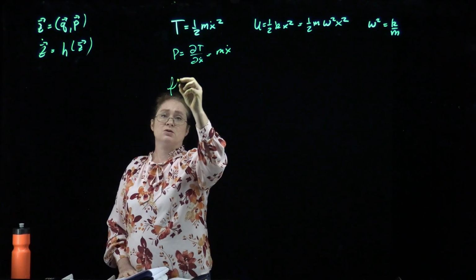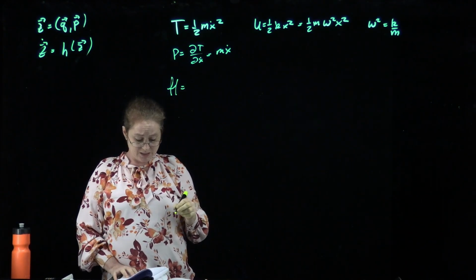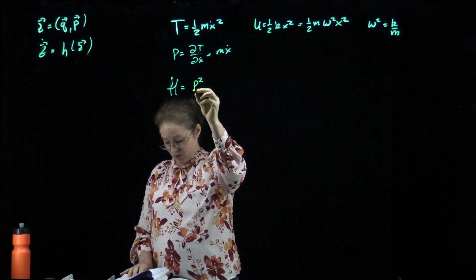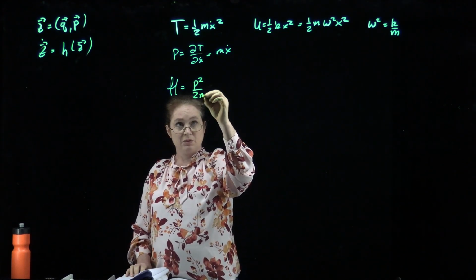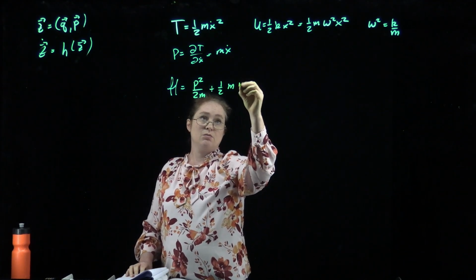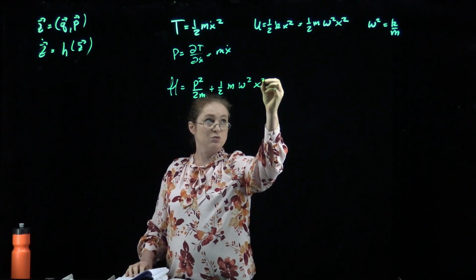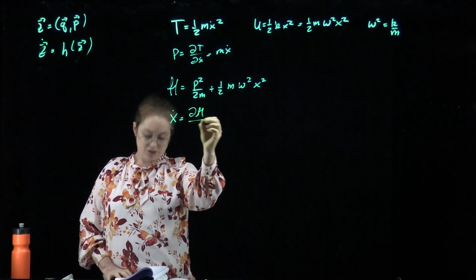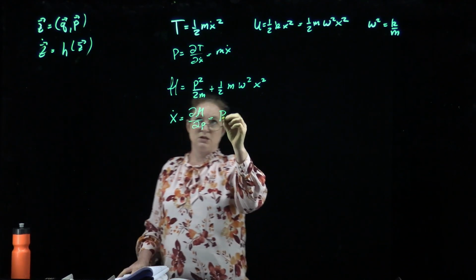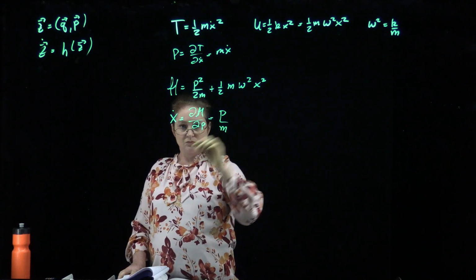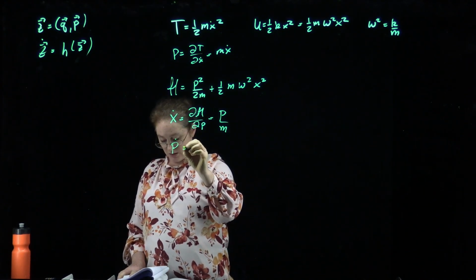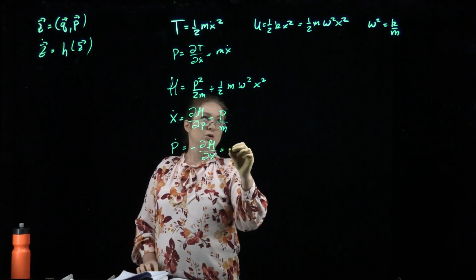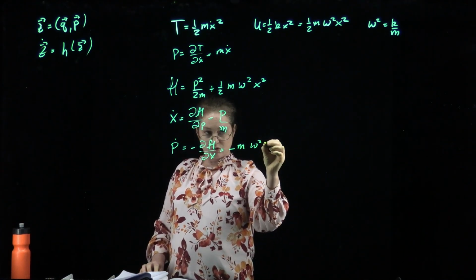Our Hamiltonian in terms of the momentum and x instead of x dot is then p squared over 2m plus 1/2 m omega squared x squared. x dot is partial H partial p, which is p over m. And p dot is negative partial H partial x, or negative m omega squared x.